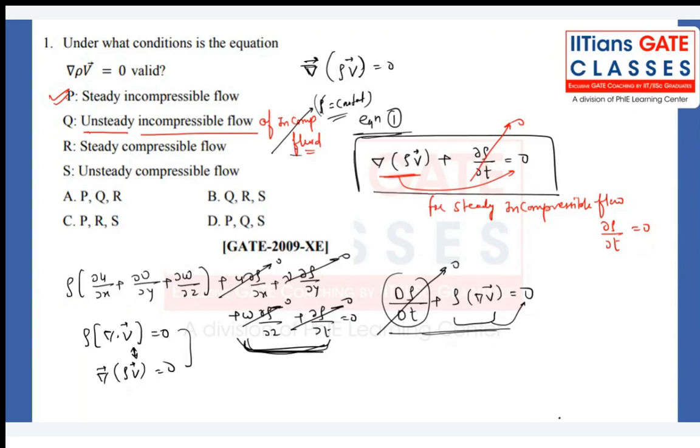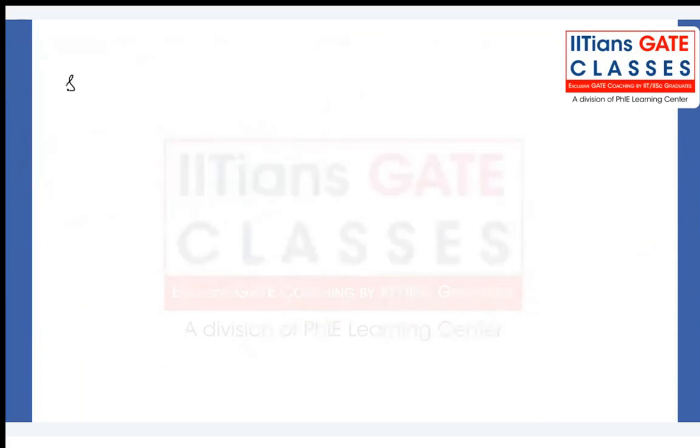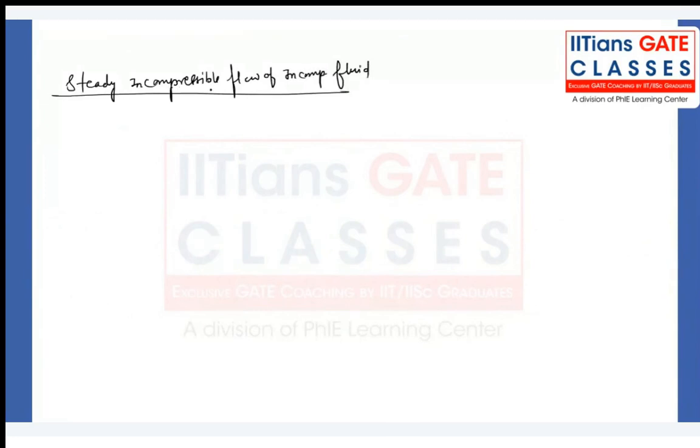Still have confusion? Let me clear that. See, what is the equation for steady incompressible flow of incompressible fluid? Now, why am I writing this big statement? This is important: incompressible flow of incompressible fluid. Now tell me the equation of this. From equation number one, del dot rho v plus dou rho by dou t is equal to 0.